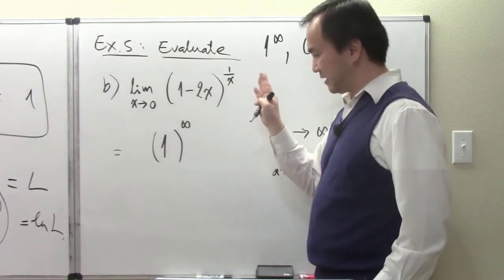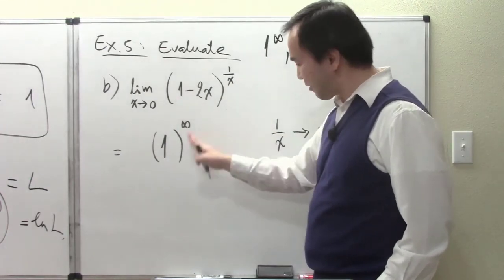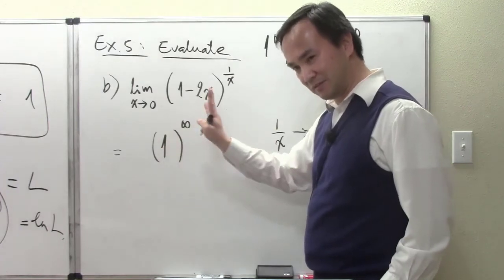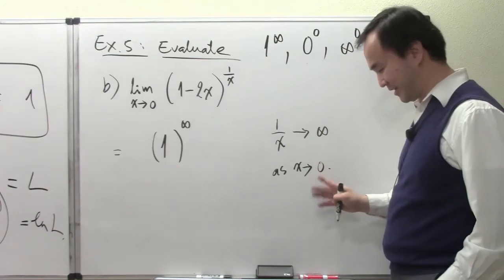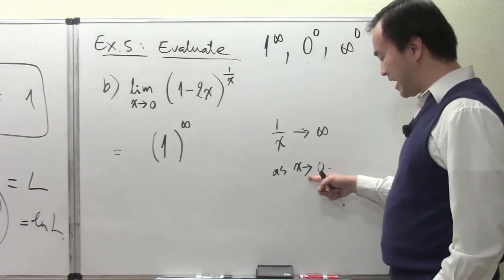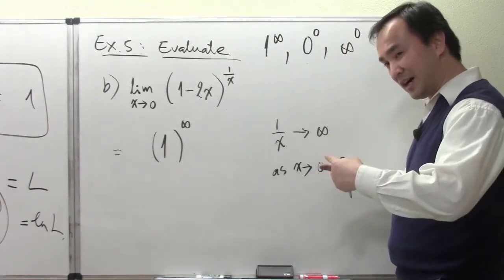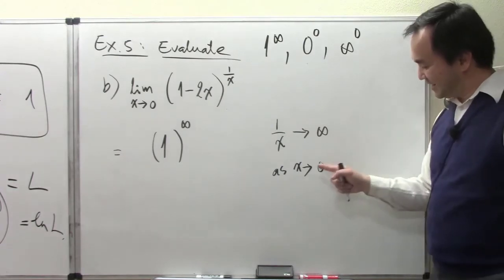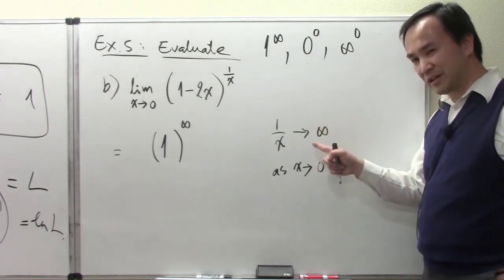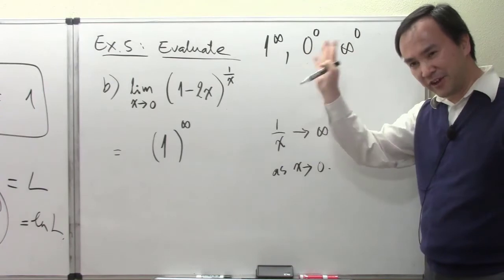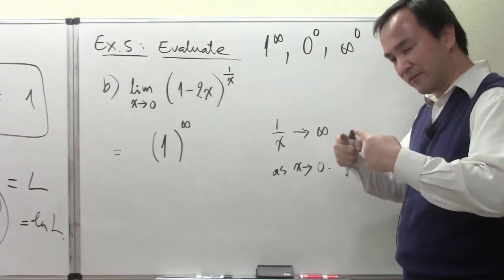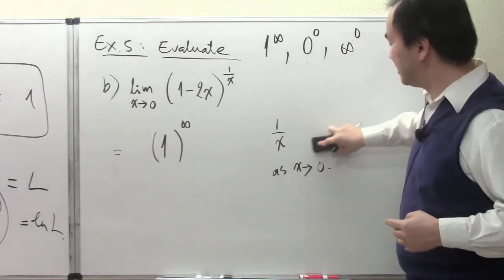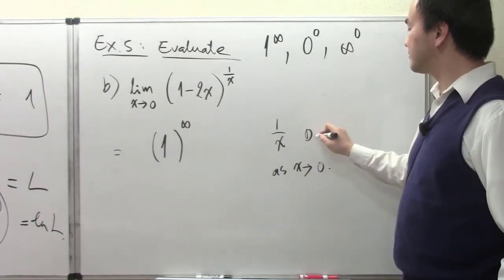But we've got to be more careful than that, because in this problem maybe it turns out like that, but whoever went this way already left out one important thing right here. This is x going to 0, but from both sides. So really, if we recall from one of our very first problems, this limit 1 over x when x goes to 0 from both sides does not exist.